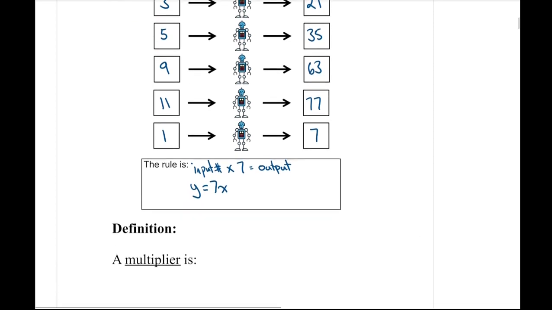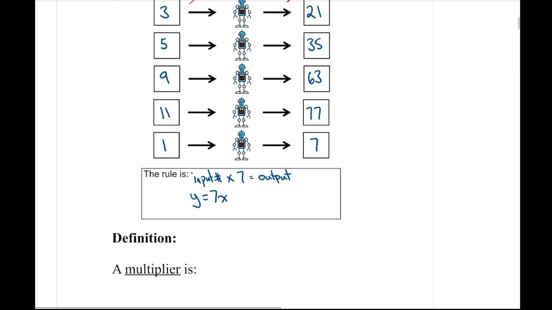Now, the key thing that this rule follows is what we call a multiplier. And a multiplier is a number that you multiply by, so kind of straightforward from the term itself.